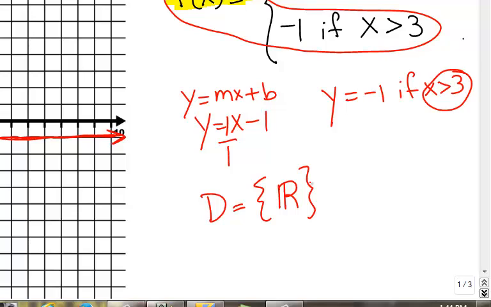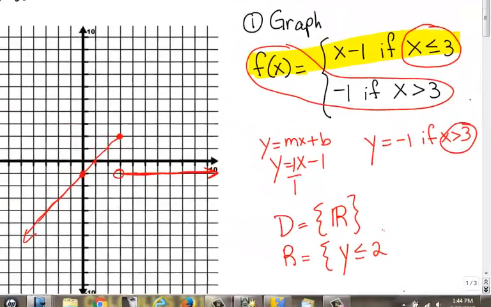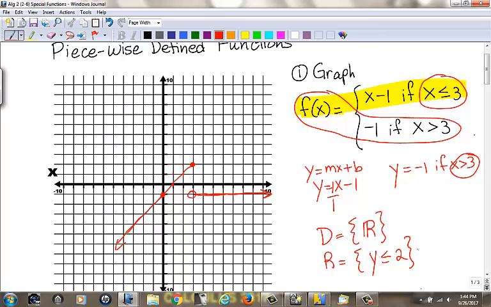So where does it stop? It's actually negative infinity to, what's the y value? 2, right? So y is less than or equal to 2. Okay, so for that, the range is y is less than or equal to 2. Make sense? Okay, that's your first piecewise graph.